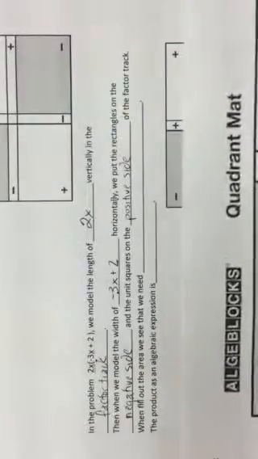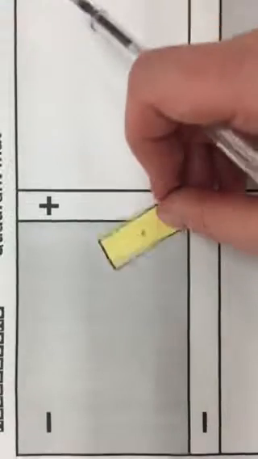So I'm going to show you how to practice that, right? We're going to need 2x vertically, so that's going to be right in here. And then we're going to need to put negative 3x's over here and positive 2 squares over here. So that's basically this part of the mat. So we said we're going to model 2x vertically right there.